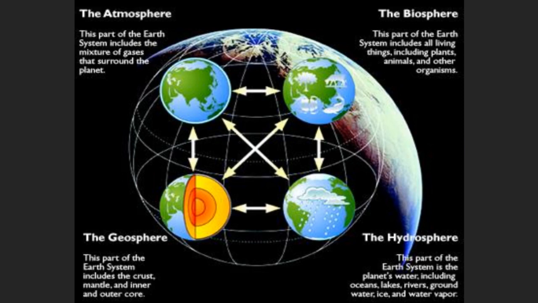The geosphere includes the internal layers of the Earth, which are the crust, mantle and the core. The hydrosphere, on the other hand, talks about the planet's water, including the surface waters, groundwater, ice, salt water and water vapor. Lastly, we have the biosphere that includes all the living things including plants, animals and other organisms.